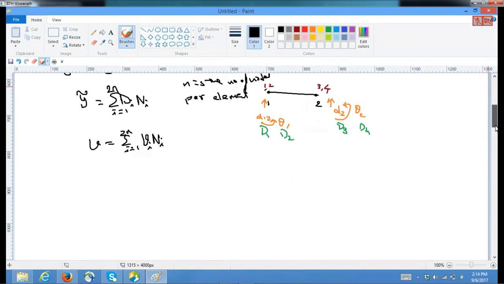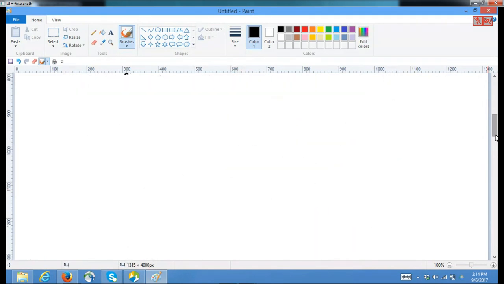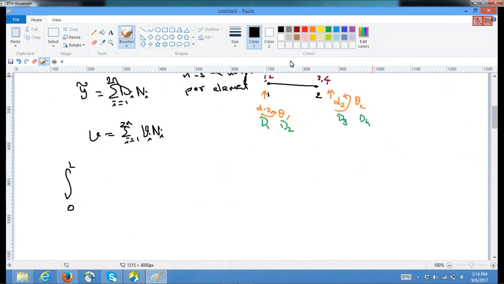Using the same shape functions, we can write the same equation as an integral from 0 to L. Let me just use the same notation instead of confusing, I use this one as d1 dash.